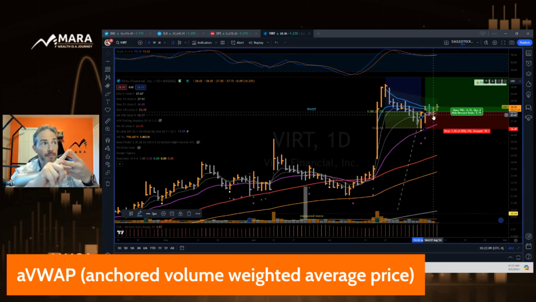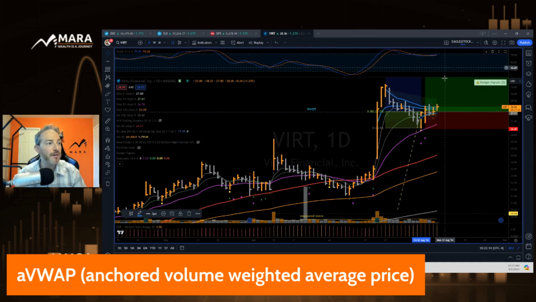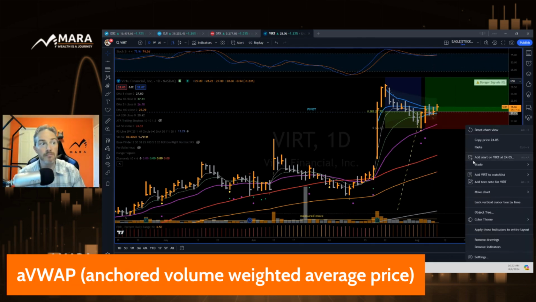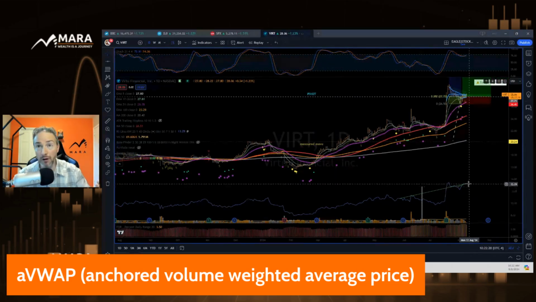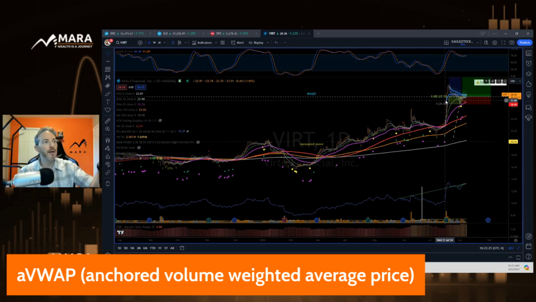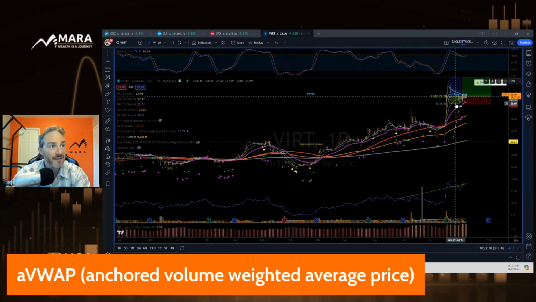The anchored VWAP, and I have the stochastics up here. Not a ton else, right? Relative strength, that's on my chart, and the Fibonacci retracement. So overall, I think that you could point at 7 things on here that are arguably distinct.